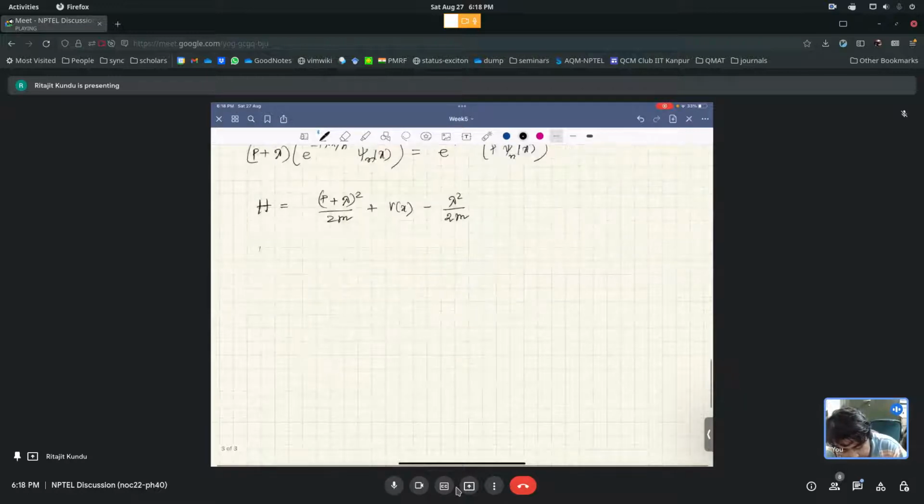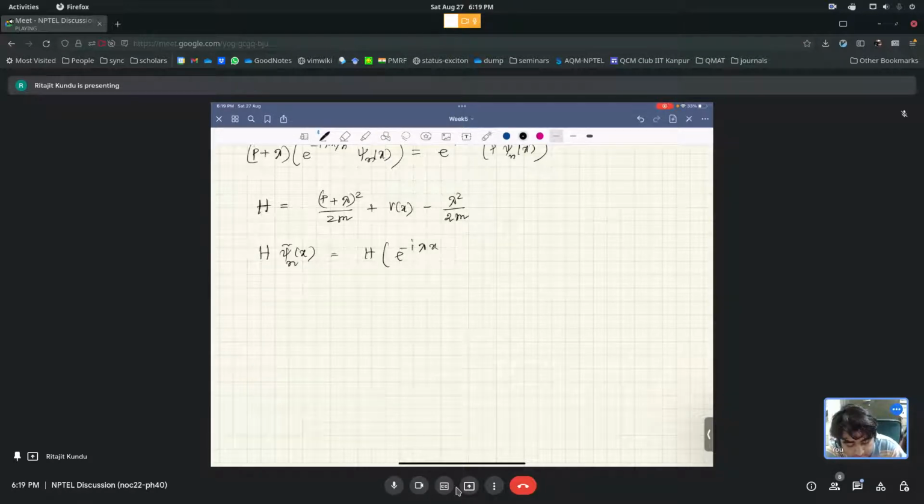Now I'll act this Hamiltonian on my new psi n tilde states. Remember, these psi n are the eigenstates of H naught. So let's see what happens if I apply our H on these psi n tildes.